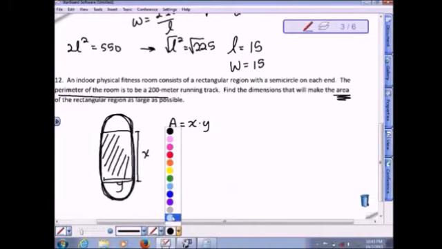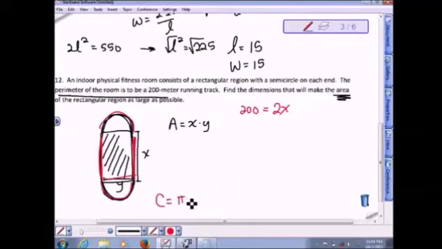Let me do this in a different color. It's this side of the rectangle and that side of the rectangle. So the perimeter of 200 is equal to 2x, but then it's also this top half and the bottom half. So it's actually a full circumference of a circle. And the diameter of that circle is y. Now the circumference of a circle is pi times the diameter. So we have plus pi times the diameter of y.